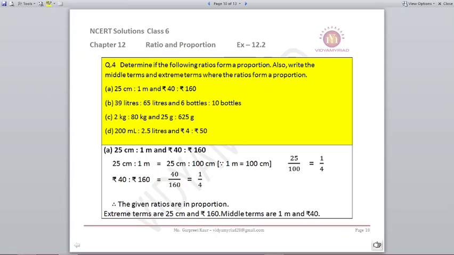We will make the units the same to find out whether they are in proportion or not. 1 meter we can easily convert into 100 centimeters. So 25 centimeters is to 100 centimeters gives you a 1:4 ratio, and 40 is to 160 also gives you 1/4. Both are the same ratios, so yes, they are in proportion. In this case the extreme terms are 25 centimeters and rupees 160, and the middle terms are 1 meter and rupees 40.